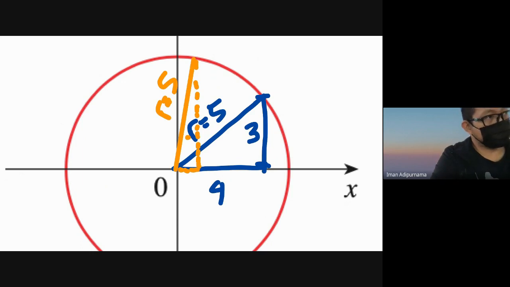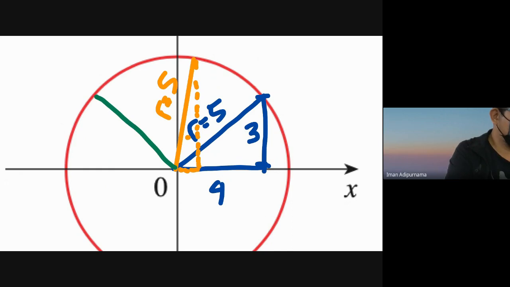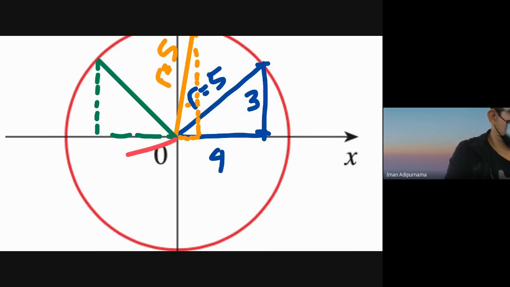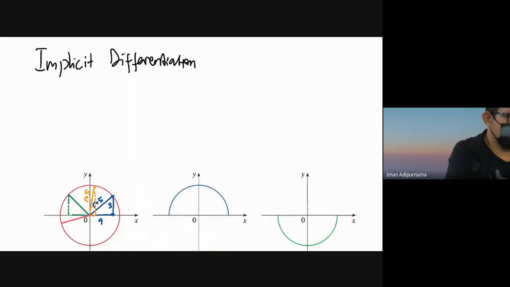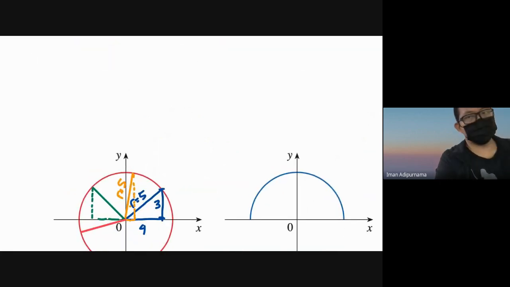They keep increasing and decreasing as long as the radius is 5. Right? So if you rotate, maybe going to here, they are going to have another one here. They are going to have another one here. The same radius, different dy and dx. So that's how, eventually, we will go to this implicit differentiation.